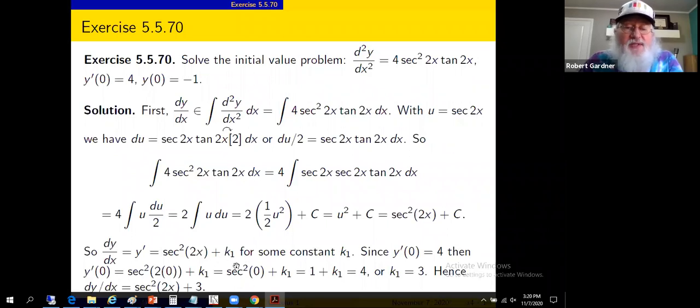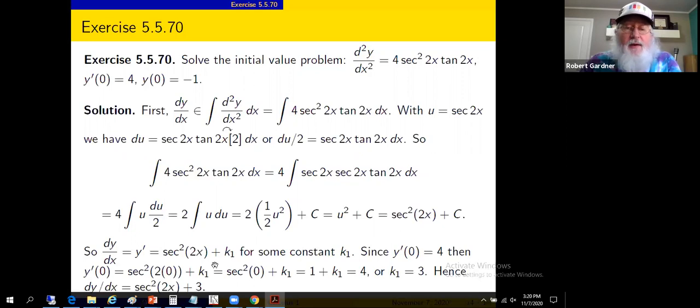I've represented those specific constants with lowercase k's. I'm going to use a lowercase k sub 1 this time because we're going to do this twice. So the form of dy dx, or if you like y prime, is secant squared 2x plus a constant. Let's call that constant k sub 1. I'm reserving the plus c notation to mean an arbitrary constant in a whole set of functions.